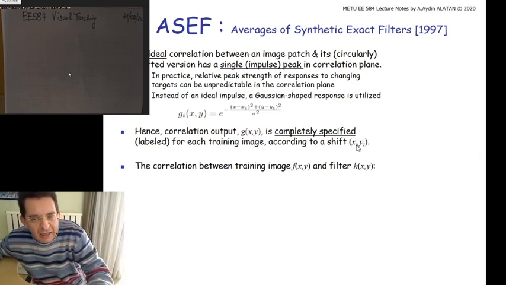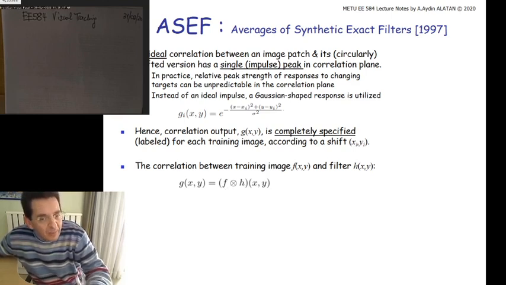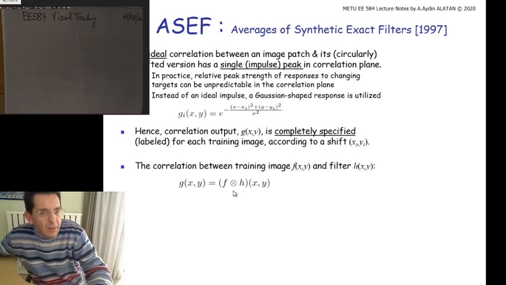Because this is training data, how much shift I did, I know it, and I'm just putting my Gaussian at that correct position. That's what I'm saying. I know this, I know my F, I am trying to look for an H. Please note there were two images. This is one of them. The other one is not given; it is just giving us the information of the position of the peak.